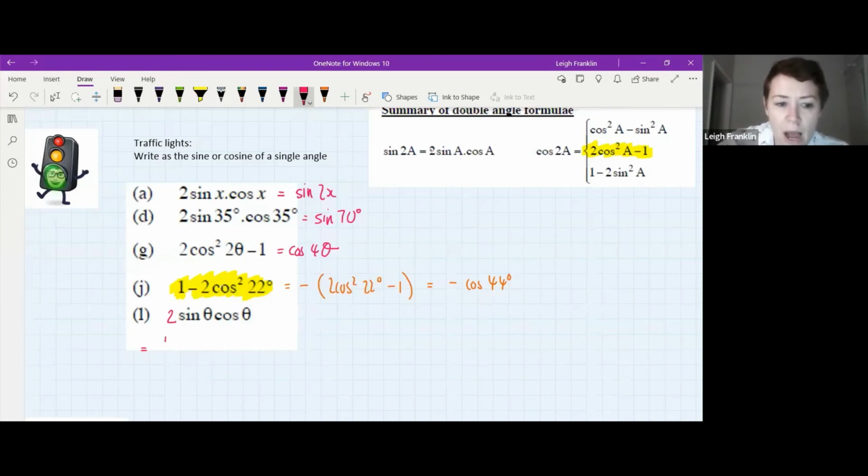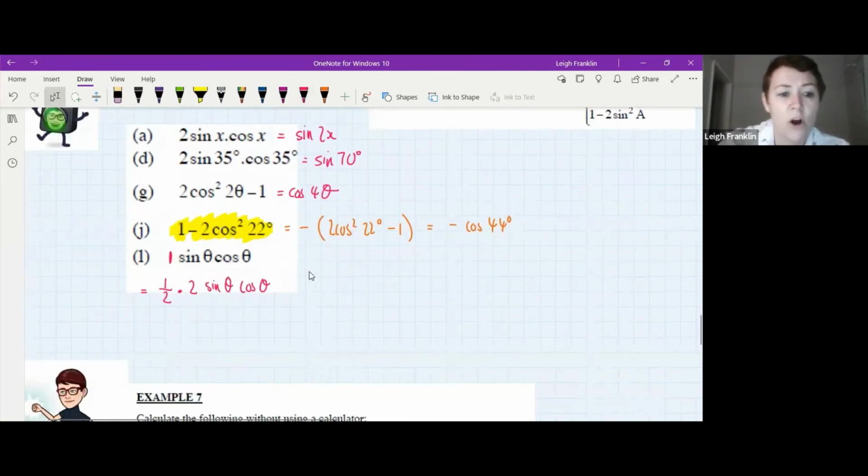Now look at this. I'm going to write a half times 2 sine theta cos theta. In other words, I am manipulating the invisible 1 that's in front of sine theta cos theta. I'm writing it as a half times 2. Clever, isn't it? That is the same value as 1. And then this bit over here is your sine double angle.